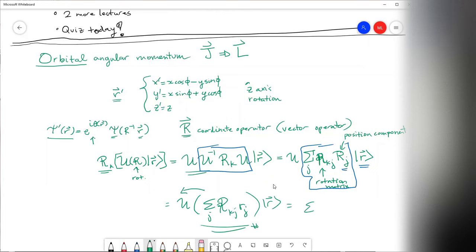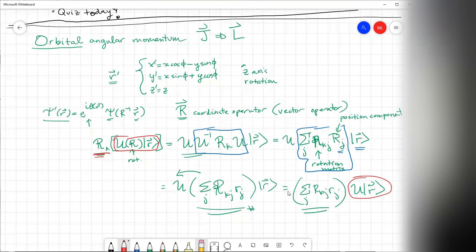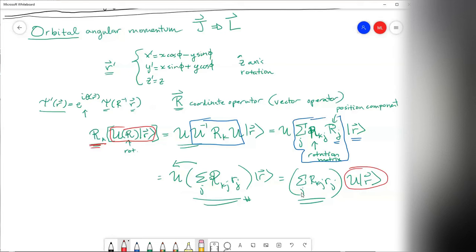And so what you find is that this is a rotated coordinate, and this is U of the ket r. So this is what we started with. Now you see, indeed, this is an eigenstate of this operator, still an eigenstate of position. The eigenvalue is just the rotated coordinate, and there's no extra phase running around. It's purely the rotated coordinate.